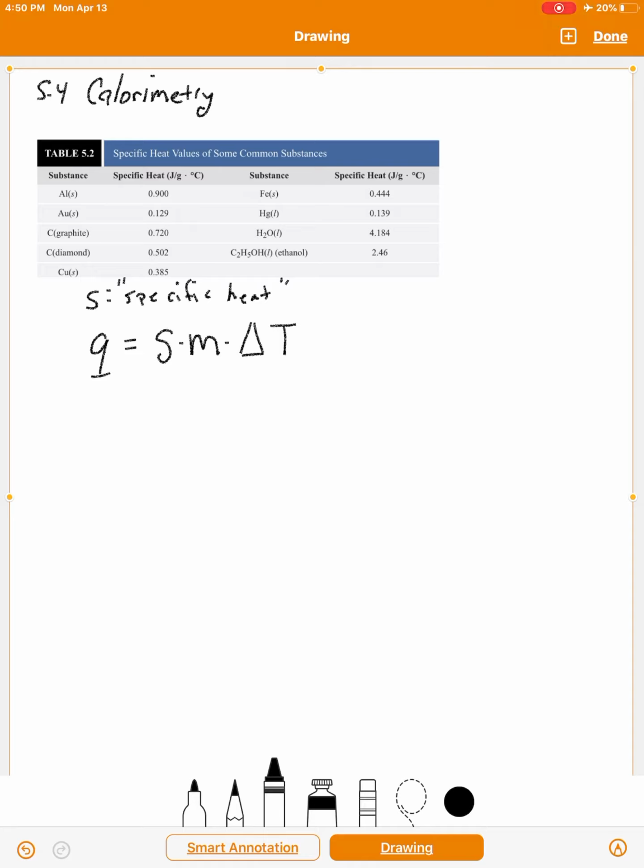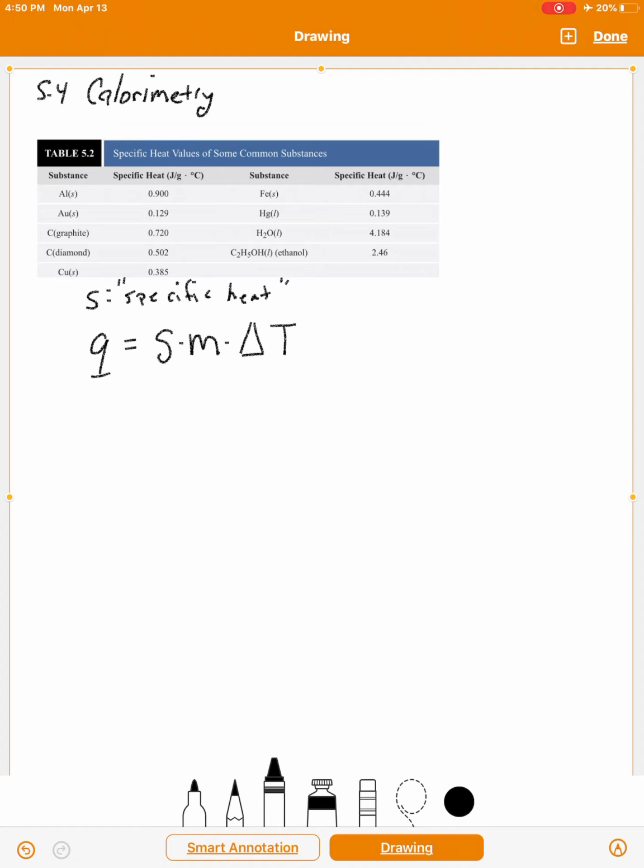This equation allows us to calculate the amount of heat transfer for a specific substance by measuring the mass of the substance and measuring the temperature change of the substance as a process occurs.